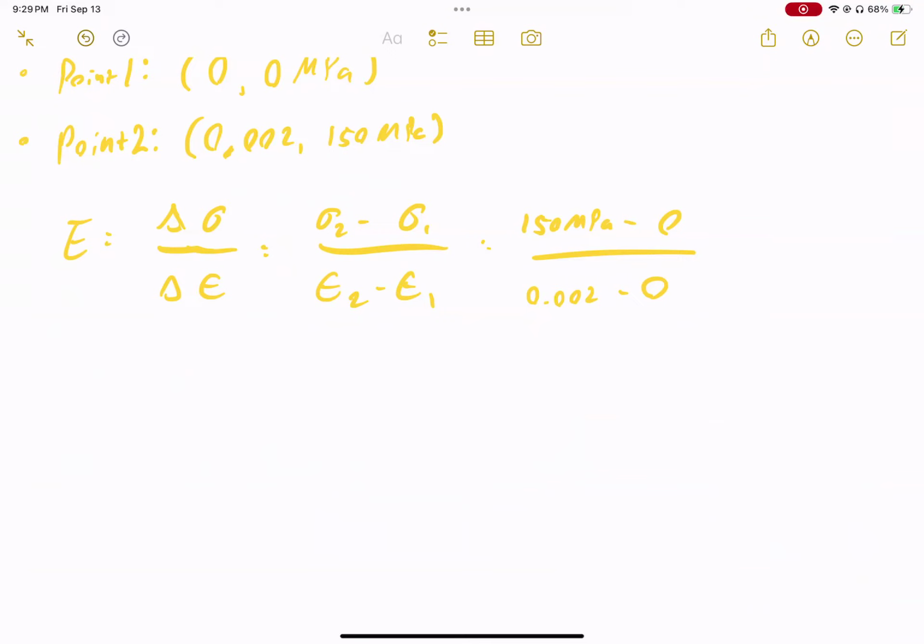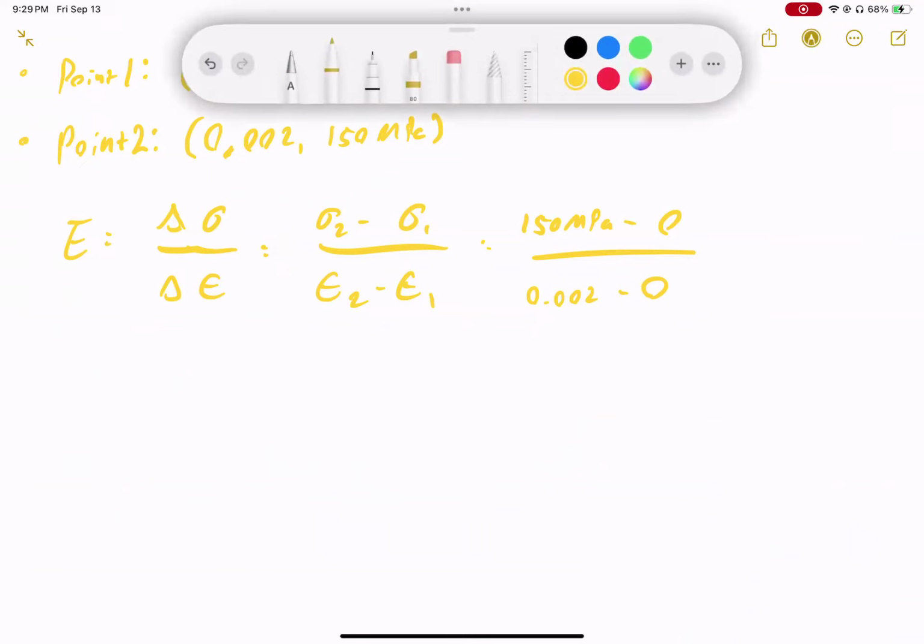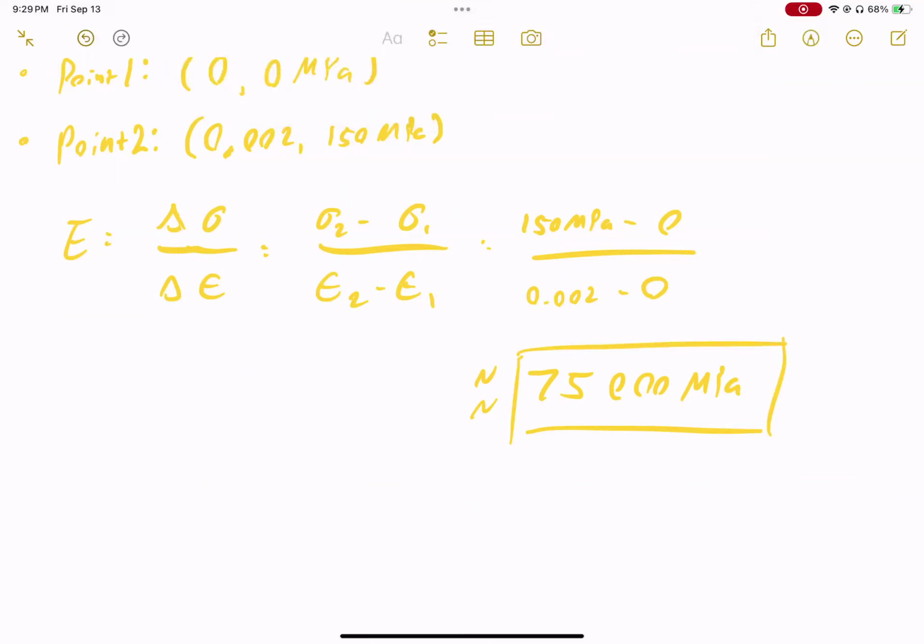I get roughly around, and of course, these are all technically approximations, nothing will be perfect, but it will be close enough. So I'll get roughly around 75000 megapascals. So this will be my answer. And that's it. That's that for calculating the elastic moduli.